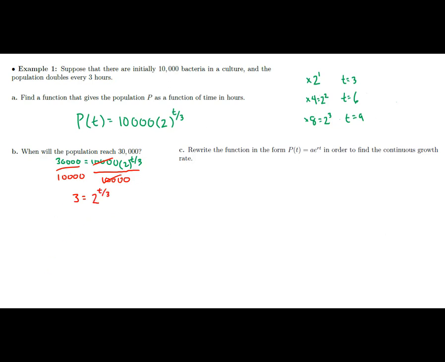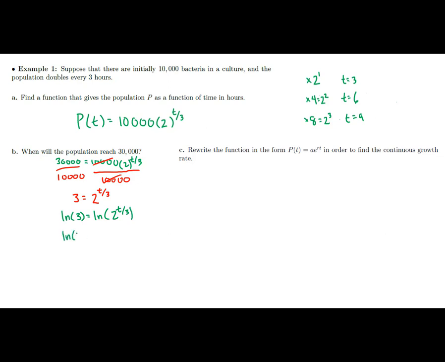And then we know that to get that t, we're trying to solve for how much time has gone by, we've got to take the natural log of both sides so that I can use the power rule to get the t out of the exponent. So the natural log of 3 is equal to the natural log of 2 to the t over 3.